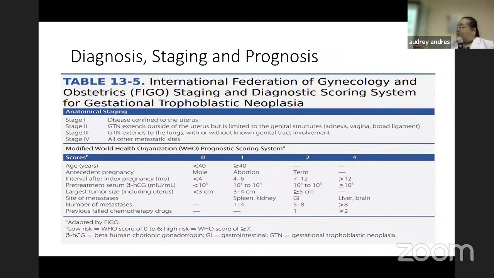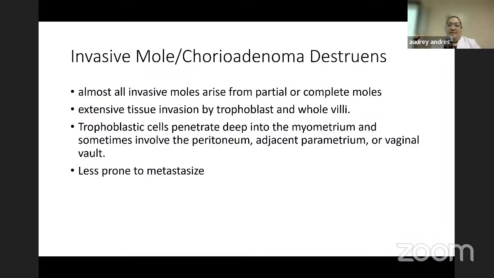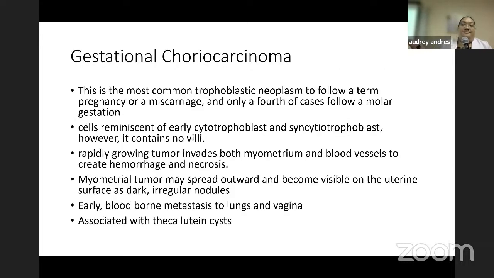So memorize this table because it could be invasive mole arising from partial or complete moles. So this would be tissue invasion by trophoblast and whole villi. So they penetrate deep into the myometrium and sometimes would involve as far as the peritoneum, the vault, the adjacent parametrium, and the like. But just metastasizes locally.